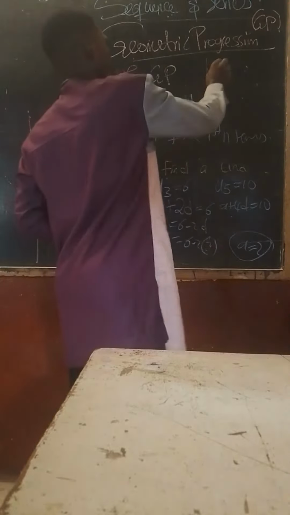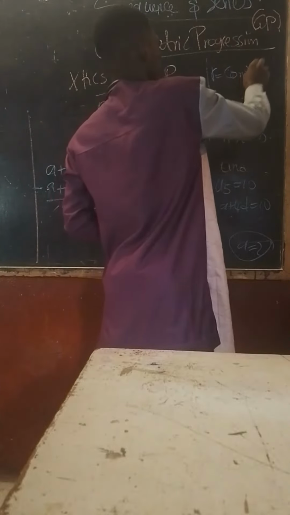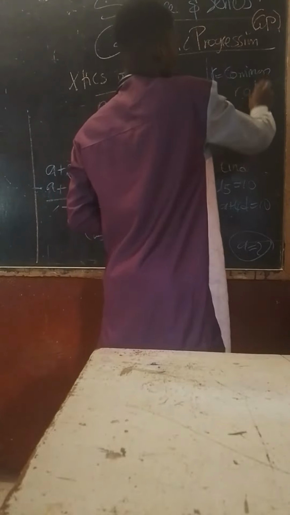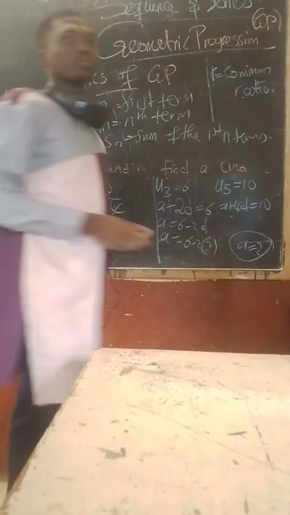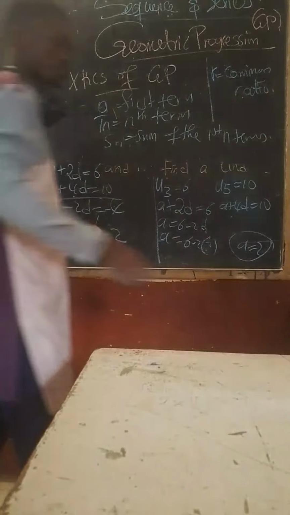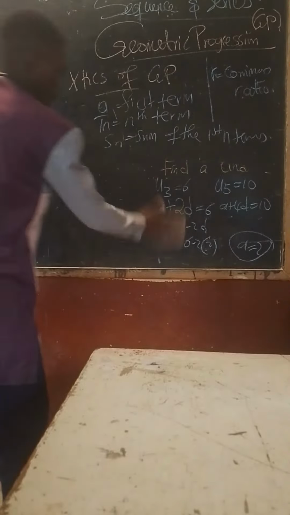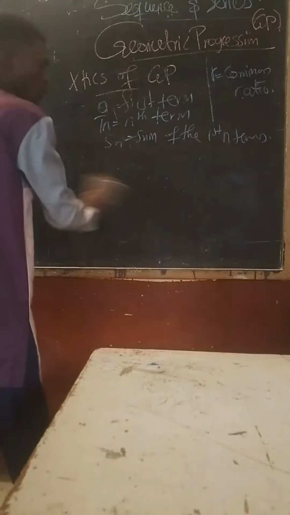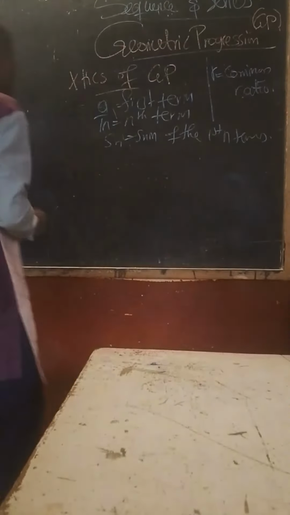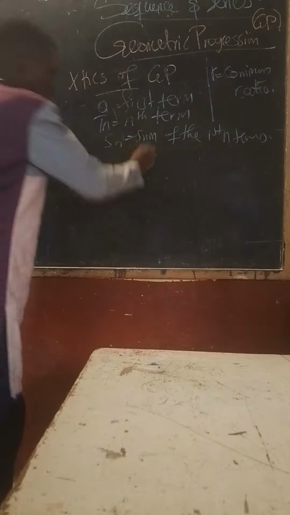We now have R, which is the common ratio. Those are the properties or characteristics of a GP. Now, we are going to follow the same train we did with an AP, but I'll be faster now because you already have ideas.